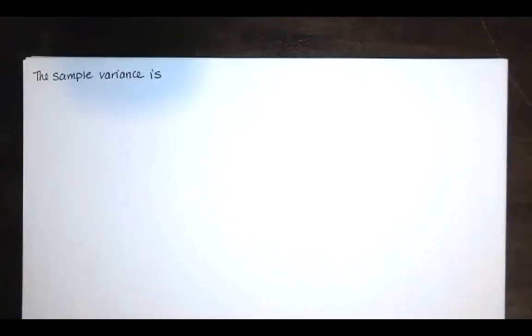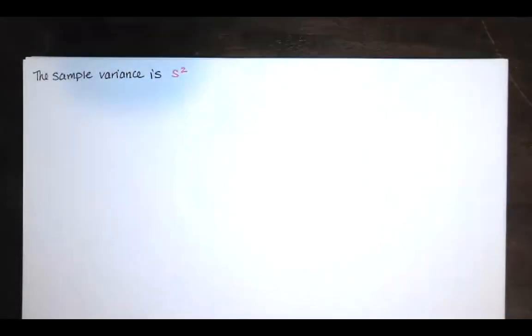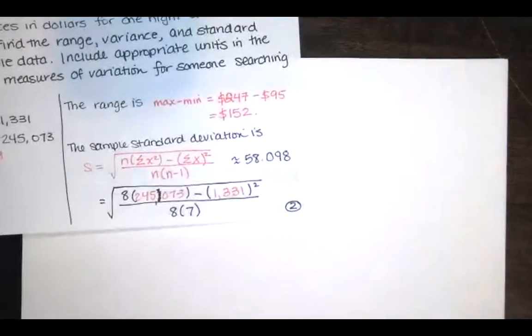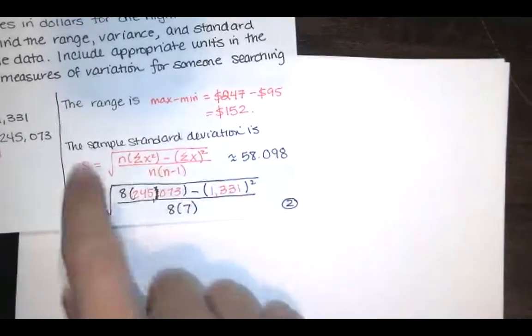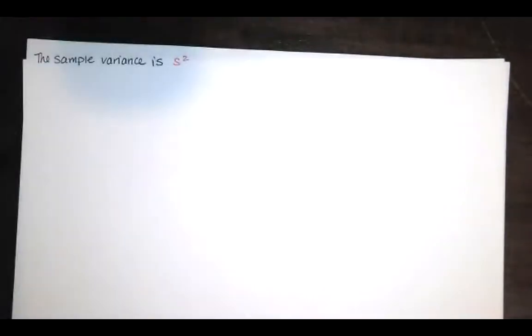The sample variance is that sample standard deviation squared. So you could have just written down the value that you got before you took the square root of everything. Or you can just take this one and square it, and it's going to give you the same value that you got under that square root in the first place.